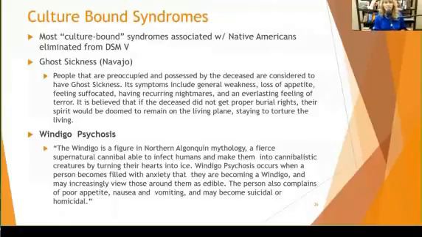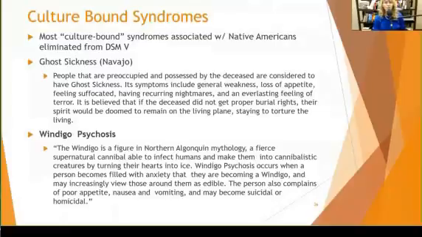Wendigo psychosis. The Wendigo is a figure in North Algonquin mythology, a fierce supernatural cannibal able to infect humans and make them into cannibalistic creatures by turning their hearts into ice. Wendigo psychosis occurs when a person becomes filled with anxiety that they're becoming a Wendigo and may increasingly view those around them as edible.